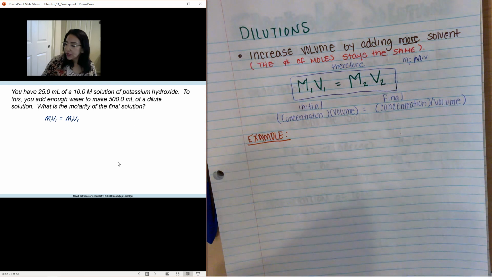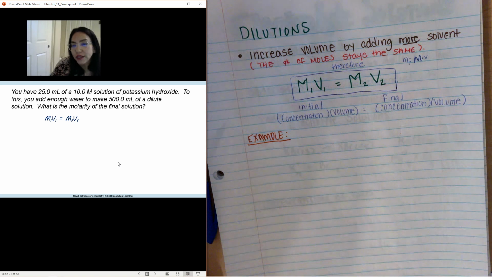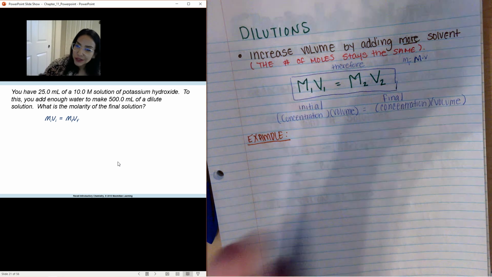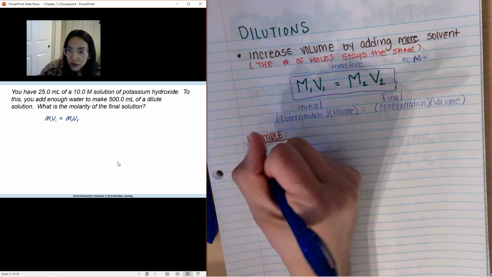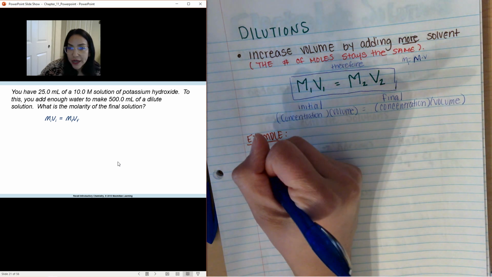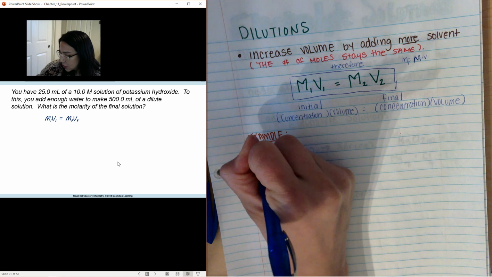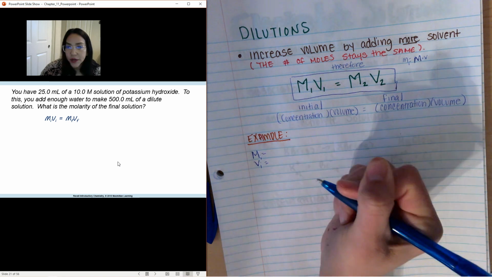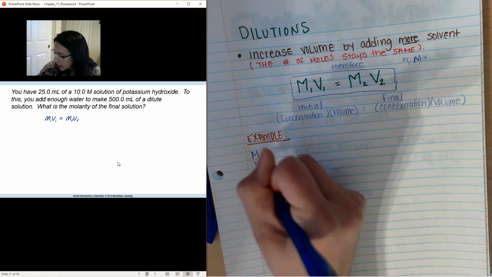So we're using the equation M1V1 is equal to M2V2, or moles initial is equal to moles final. Okay. So we have our initials, M and V initial. And you know what? I like to write everything out.